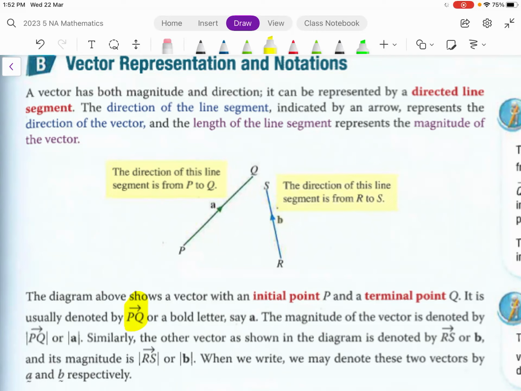Okay, and also you see this little letter here, small letter a. This is another way of describing the vector PQ. So for this arrow, this vector on the left, I will either call it vector a or I will call it vector PQ. Okay, so far?